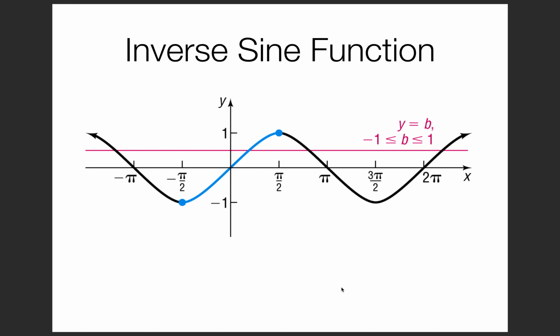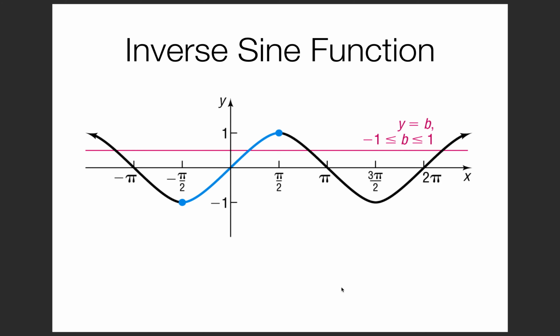if we look at the whole domain. But what this picture shows is if we restrict our view to some region, and the region that we'll actually pick is from negative pi over 2 to pi over 2. That's the blue part of the function there.